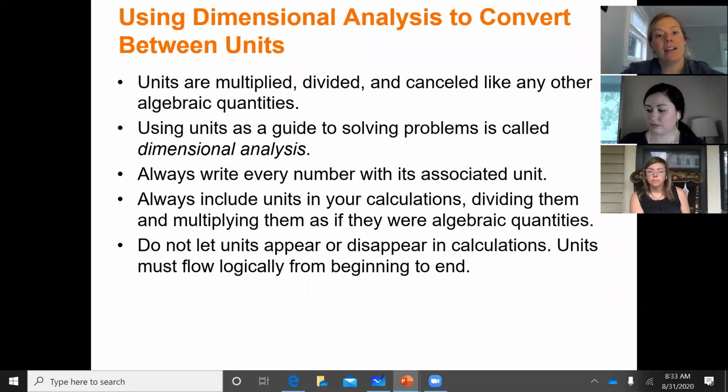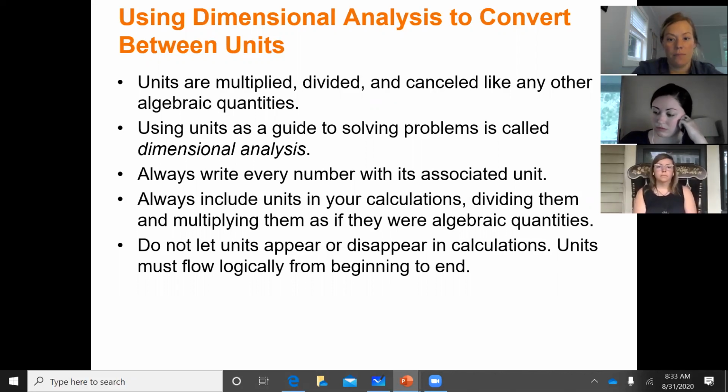So dimensional analysis is just a fancy way of saying that we're setting up our problems to convert units. Units are multiplied, divided, and canceled like any other algebraic quantities. Using units as a guide will help us solve in dimensional analysis. You always want to write numbers associated with each unit. Always include units in your calculations.